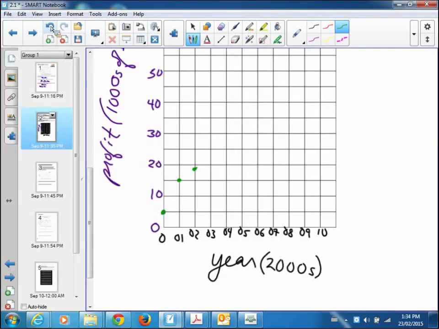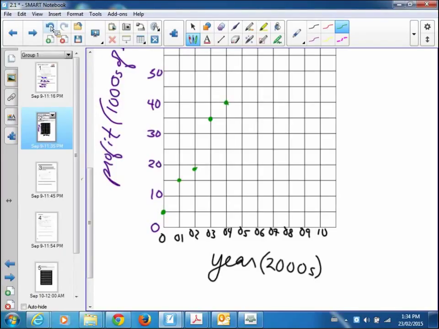I'm not sure. 35 for the year 03. So 35. Should be up a little higher, but okay. 04 is 40. 40 it is.